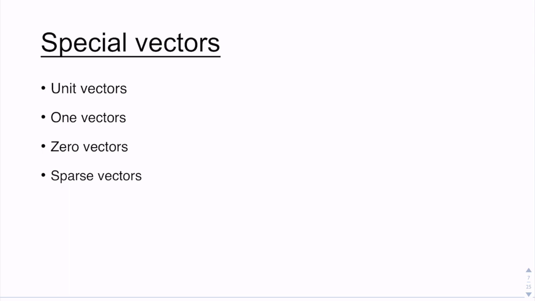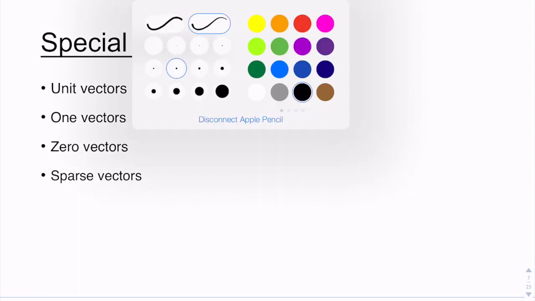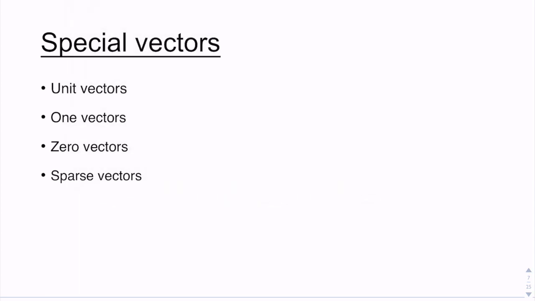So for instance, if I have x belonging to Z5, and x is defined as 0, 0, 0, 1, and 0.